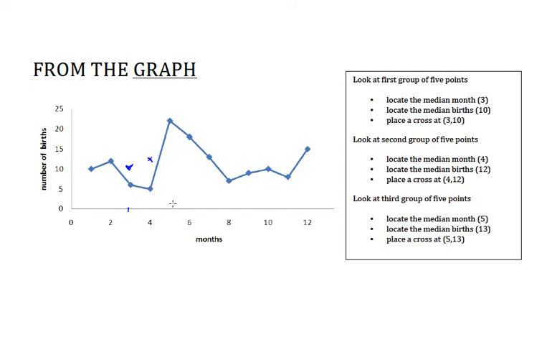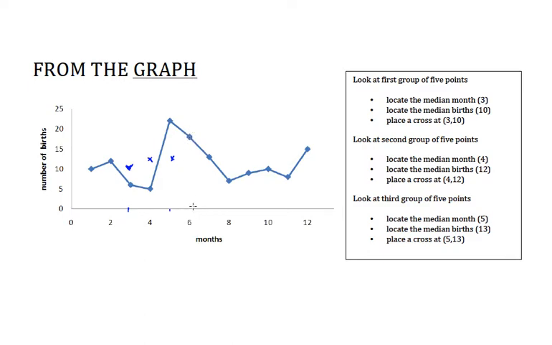Okay, moving across to 5 now. So just here, month 5. So these are my 5 that I'm looking at. 1, 2, 3, 4, 5. Lowest, middle, 3rd highest is there. So it must be in line with that point over there, but in line with the 5 as well.